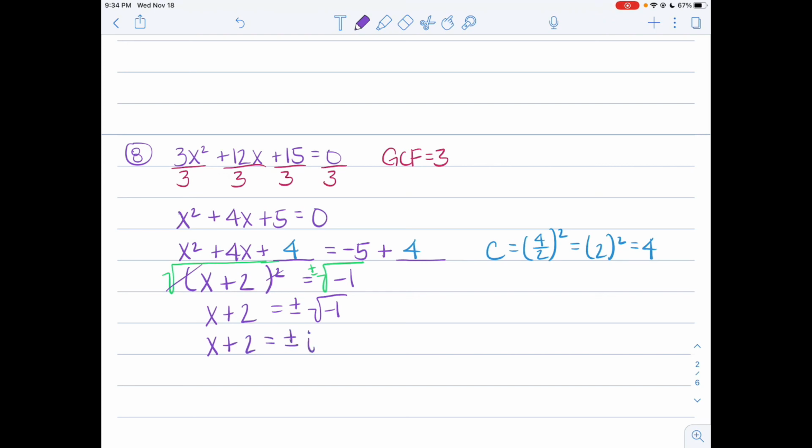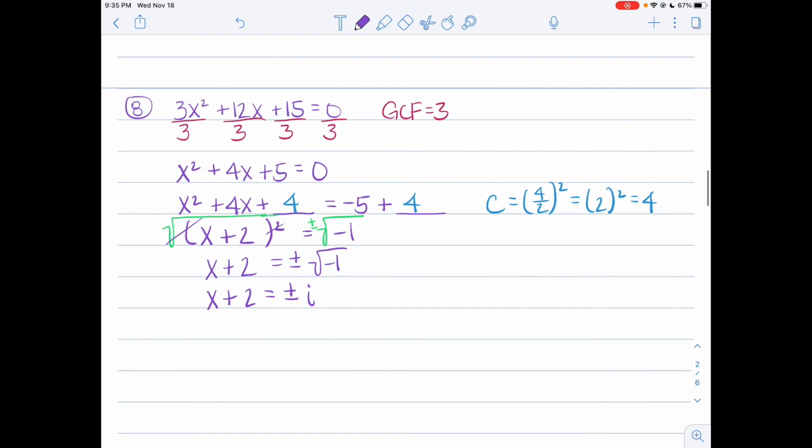If I'd had a different number here besides a 1, then I would have just dealt with that number and taken the positive square root of it, or at least simplified if I could. Finally, I want to subtract 2 from both sides so that I have x is equal to a negative 2 plus or minus i as my final answer.